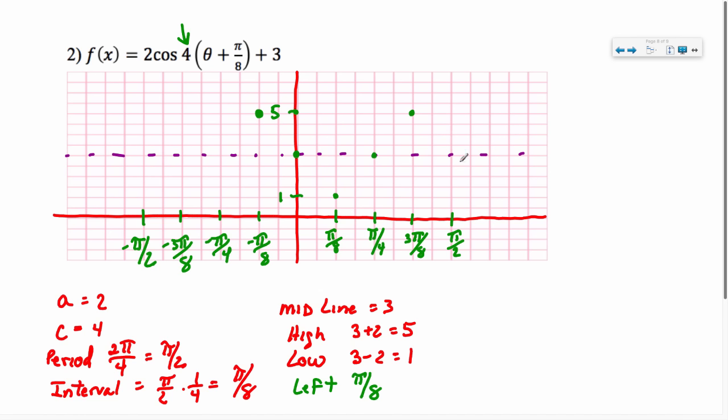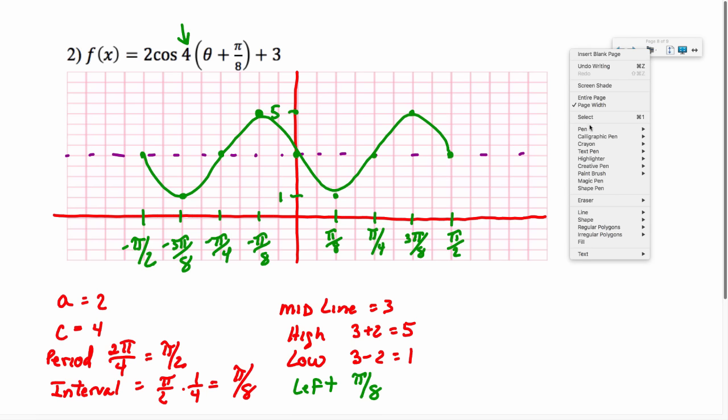And then since we have more room to go, we'll go right down to the midline. Very cool. Moving to the left, our next interval would be at the midline, the next interval would be minimum, the next interval back to midline, and so forth. Let's connect this.